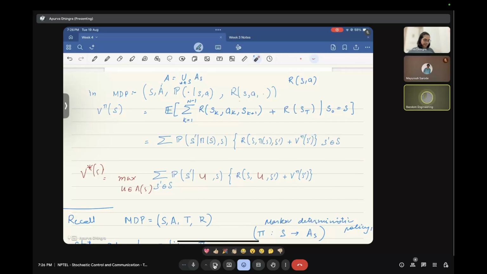A conditional expectation is a random variable in itself. But S is fixed. Yeah, it should be a random variable. Okay, I understand in what sense you're saying. Sure, it is.